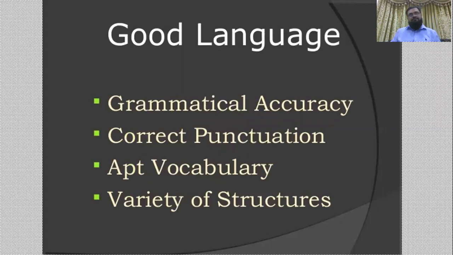Good language. A paragraph must have good language to make it impressive. Whenever you impress others, others appreciate. Grammatical accuracy. When there is a mistake of grammar or punctuation, punctuation should be good.